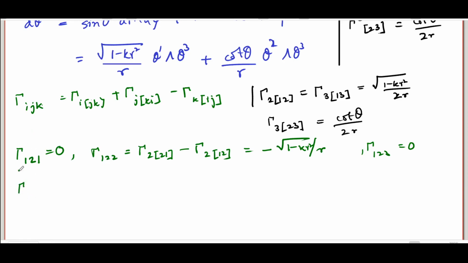Now, the next possibility for the first pair would be Γ_13. Γ_131: again, you can easily show that the only possible non-zero terms would have been the ones with 1 in the front, but there are no such terms here. So that is 0. Γ_132 vanishes for the same reason that Γ_123 vanishes. You only have to worry about Γ_133, which is non-zero because you get Γ_331 minus Γ_313, which is the double of this.